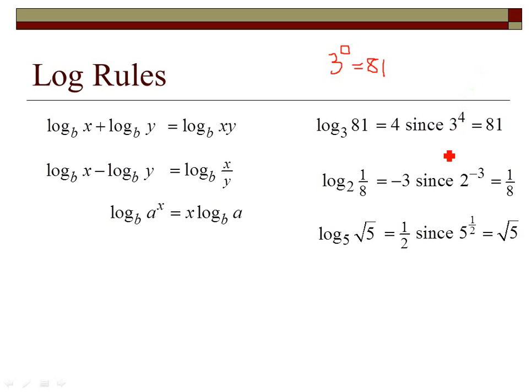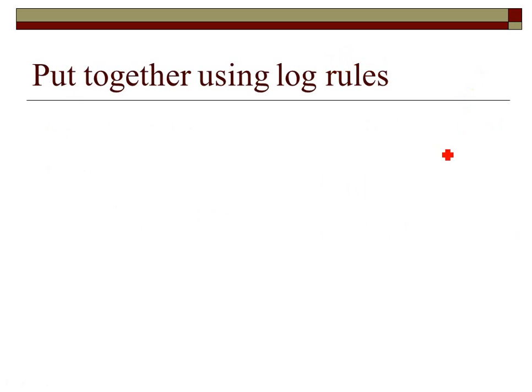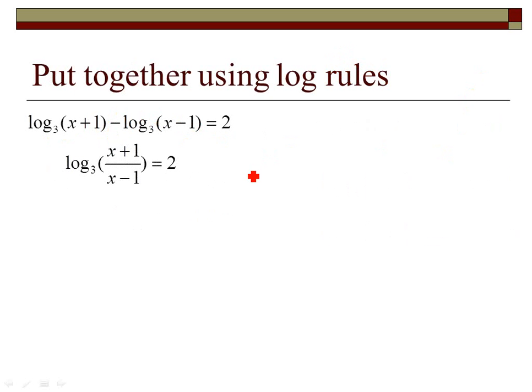So we need to use this periodically when we're solving problems. So we're going to put together our rules that we have for logs. I've got a subtraction problem, so I'm going to rewrite this as log base 3 of x plus 1 over x minus 1 equals 2. Now, I'm going to convert to get rid of the log.